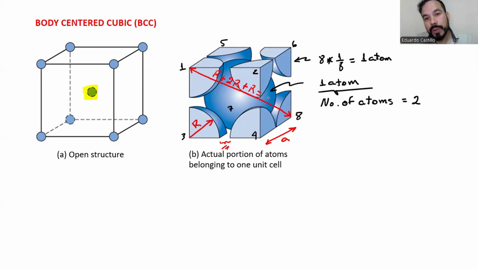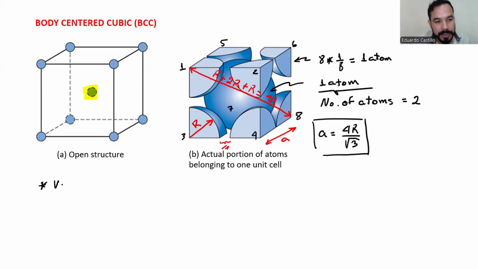So I have a total of 4R. And I can demonstrate later that by using the fact that this diagonal is equal to 4 times R, a can then be found to be equal to 4 times the radius of the atom divided by square root of 3. So this will be different from the SC.